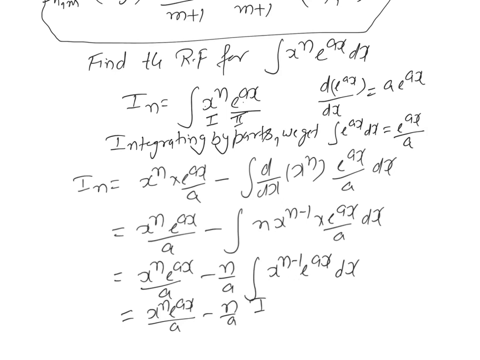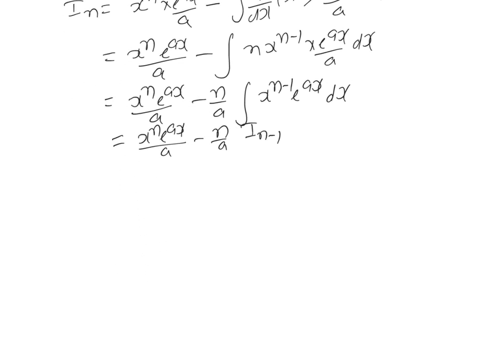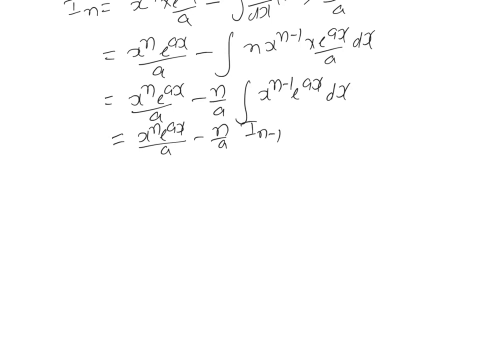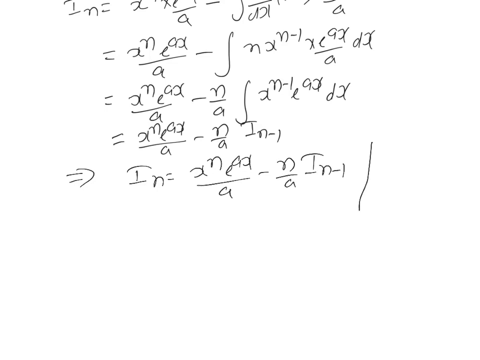So in the subscript notation I am going to write n minus 1. So this implies that I_n is equal to x raised to the power n, e raised to the power ax by a, minus n by a, I_(n minus 1). So this is the required reduction formula.